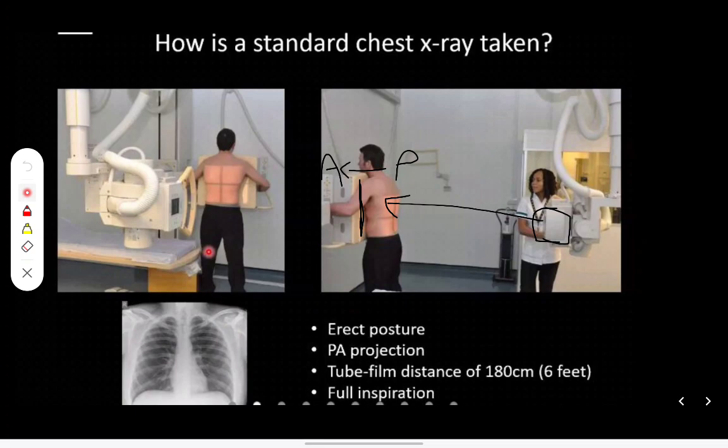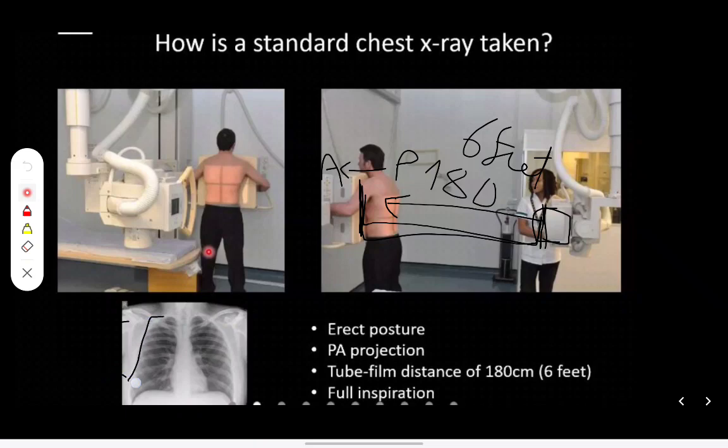Tube film distance is 180 centimeter or 6 feet between the tube and the film. You ask the patient to have a full inspiration, inflate his chest so as to look at the chest x-ray while it is inflated.